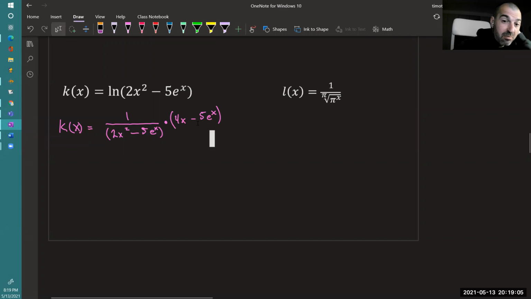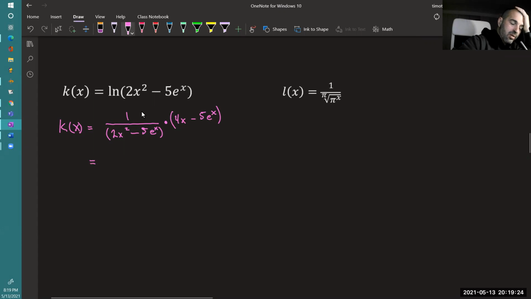If I hadn't placed that parenthesis there, it would have been construed as an error, because maybe I could pull the 4x up into here, but then this negative 5e to the x would have stayed down, and that would not be the correct derivative, okay?